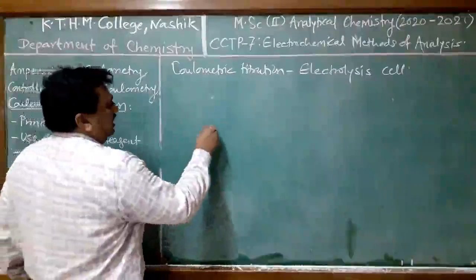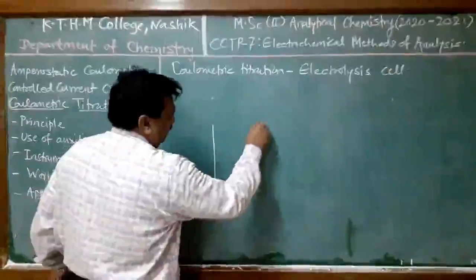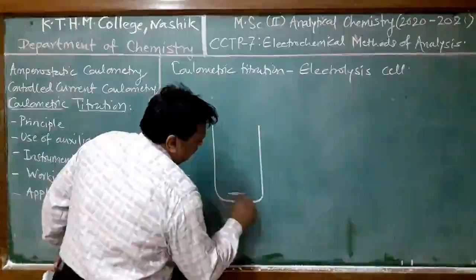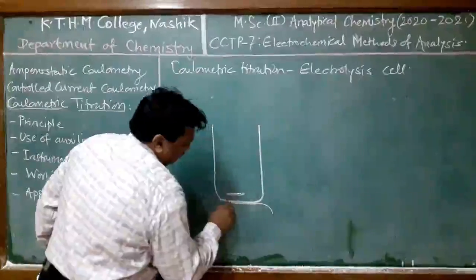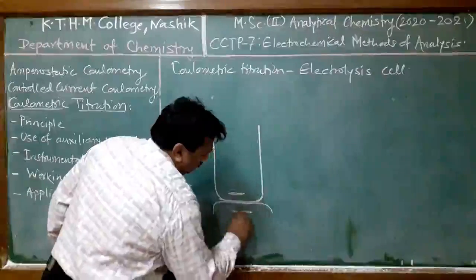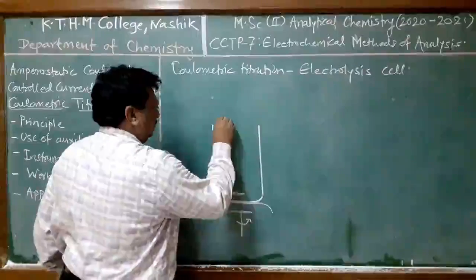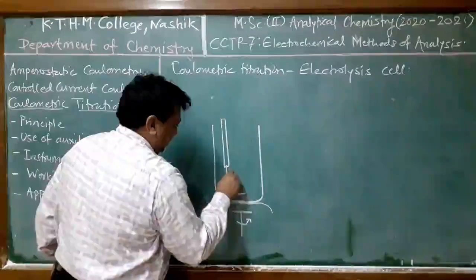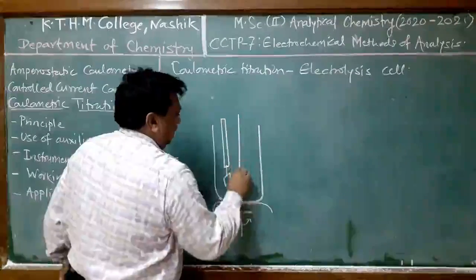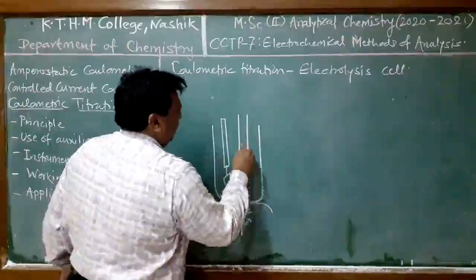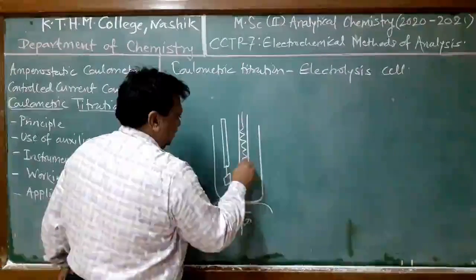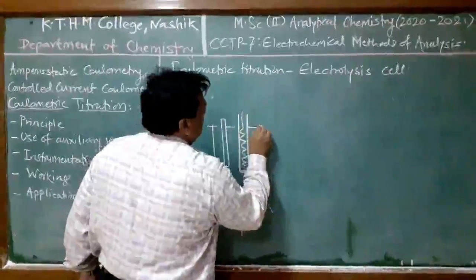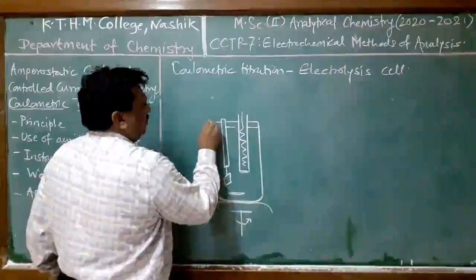This electrolysis cell consists of a glass vessel in which a working electrode, also called a generator electrode, is placed, and another auxiliary electrode is also placed. Now this is the electrolysis cell.